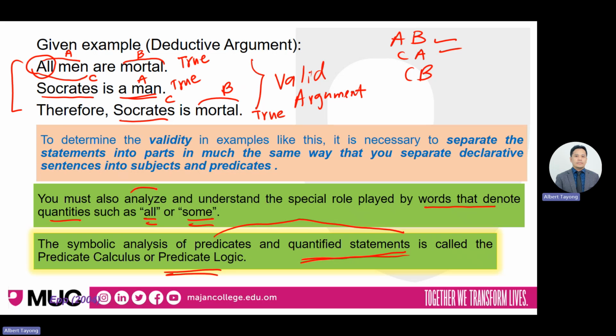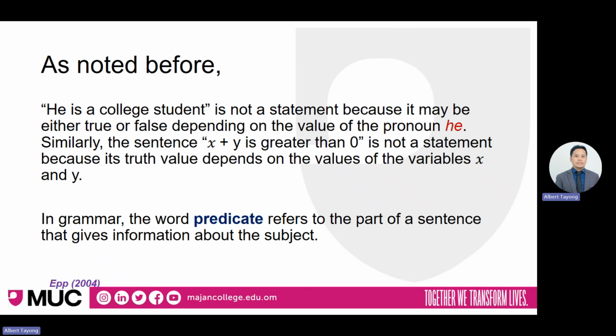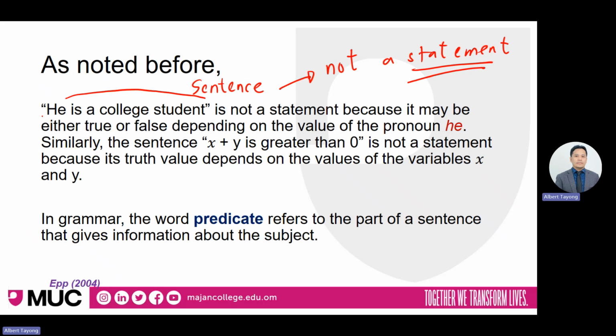So what are these predicates and quantified statements? Let's look at some examples. Let's start with this sentence: he is a college student. This particular sentence is just a sentence. We cannot call this a statement unless we define this he here.